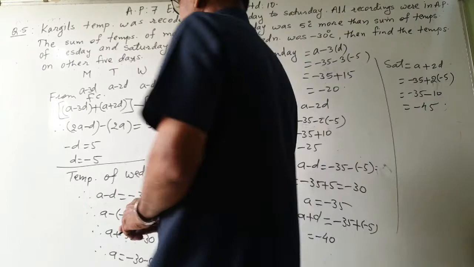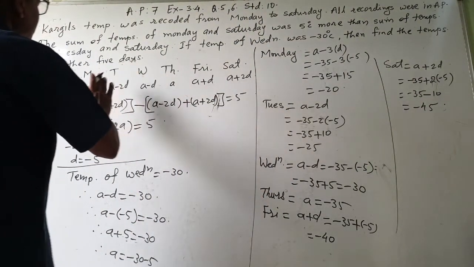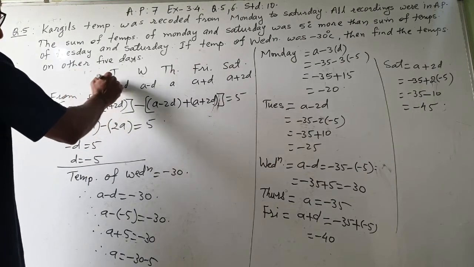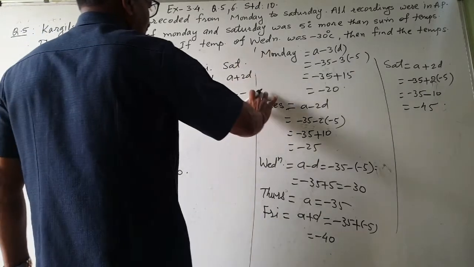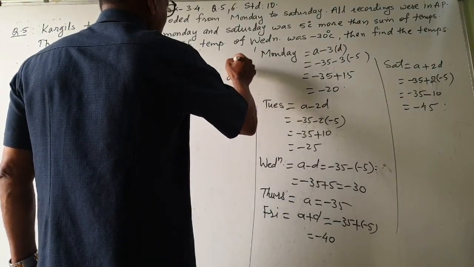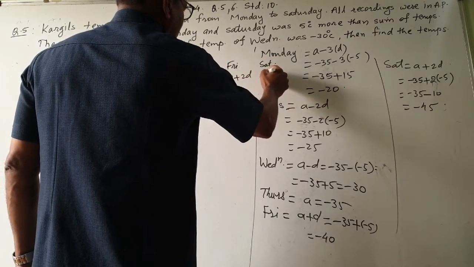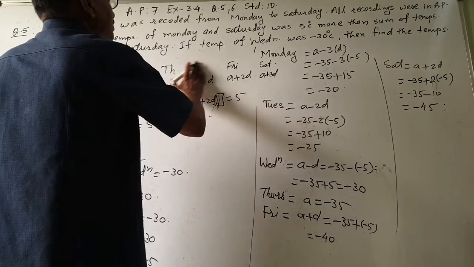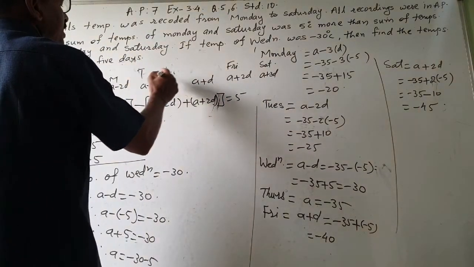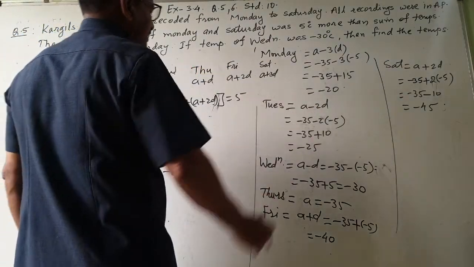Write the overall answer. So once again I will tell you, either you go here, if you start from this, then this will become Monday, and here this will be Friday, and here it will be the Saturday, A plus 3D. So this will be Monday, Tuesday, Wednesday, Thursday, Friday and Saturday.